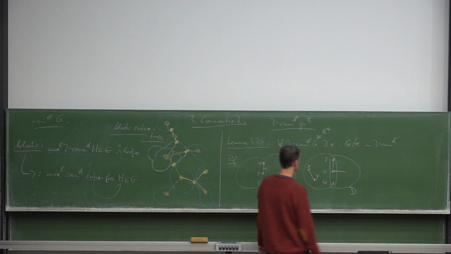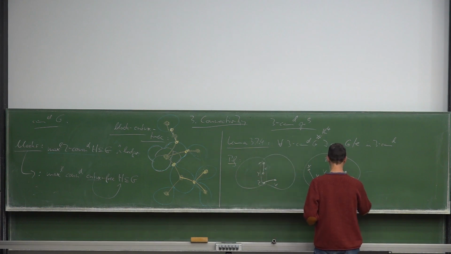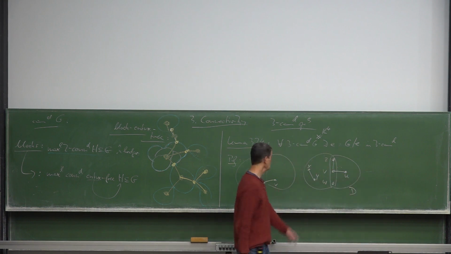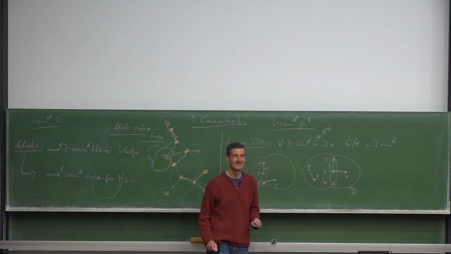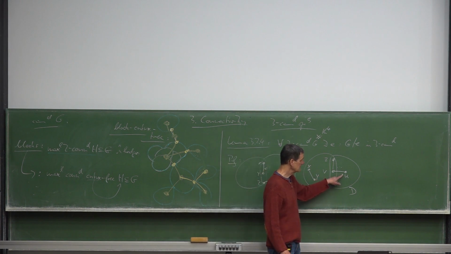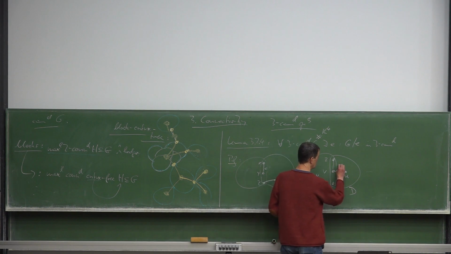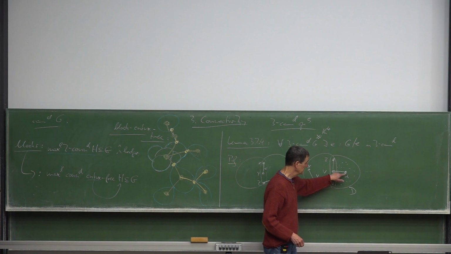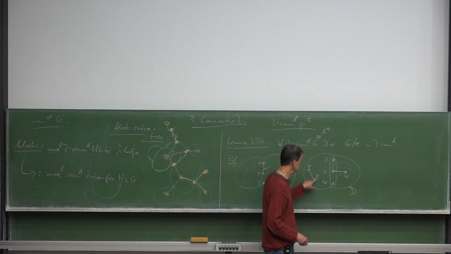Okay. Then let's look where this vertex lies in this picture. Now, we can get to this vertex from v directly by an edge. And so we can get to everything in D from v without hitting x or y or z.